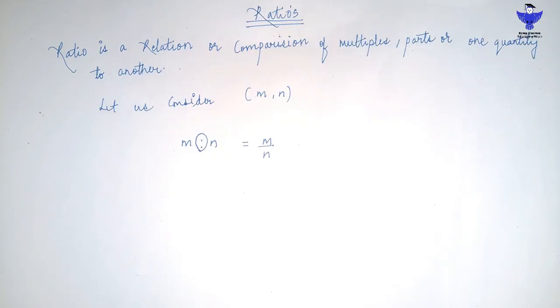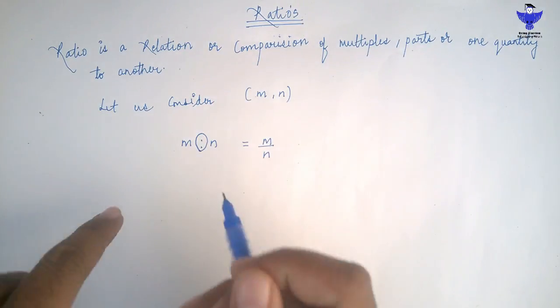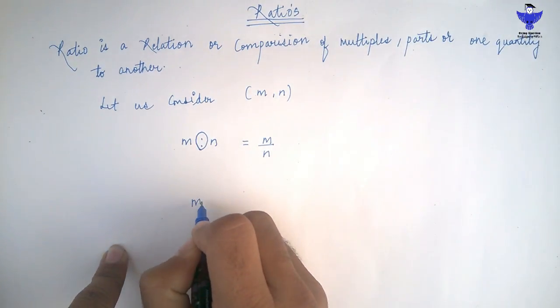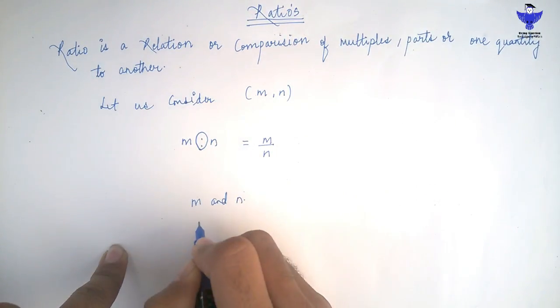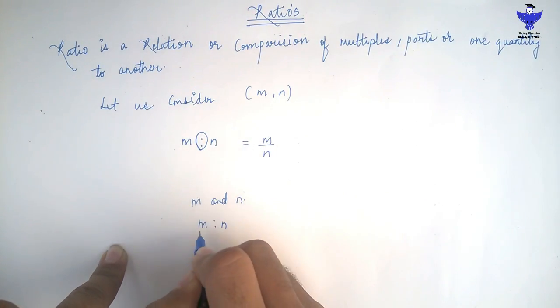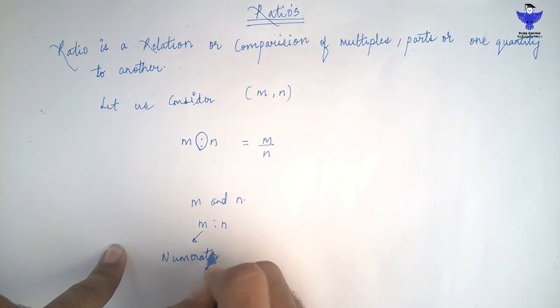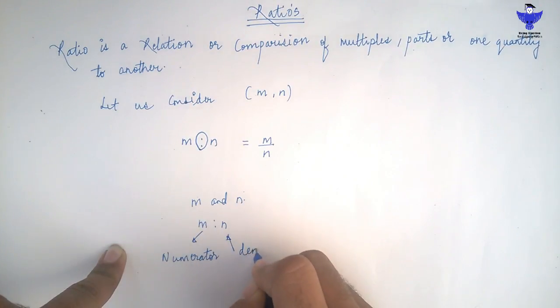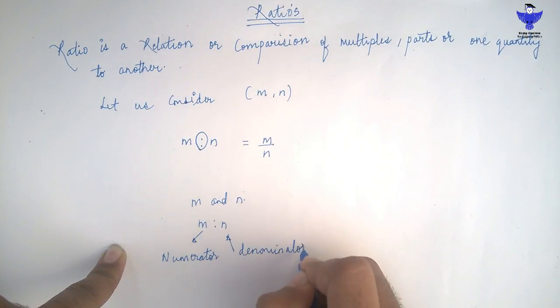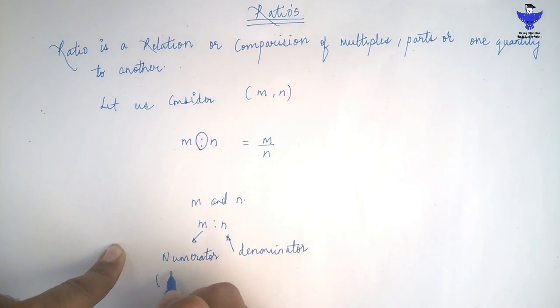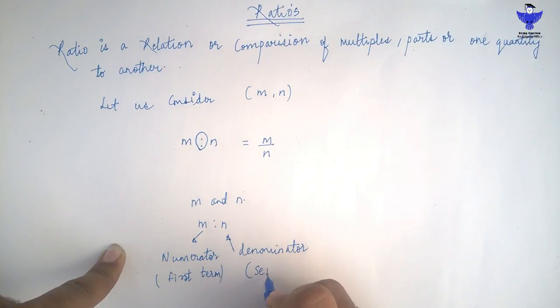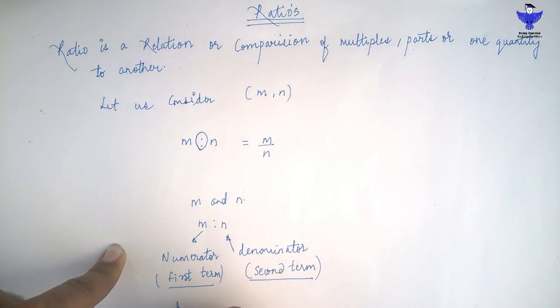Now let's see the terms used in ratios. If we consider the two numbers m and n written as m is to n, then the first term, which is the numerator, and the second term, which is the denominator, are also called the first term and the second term.